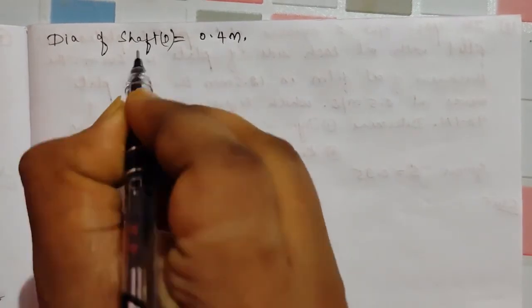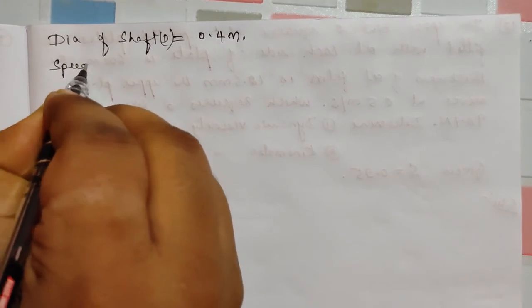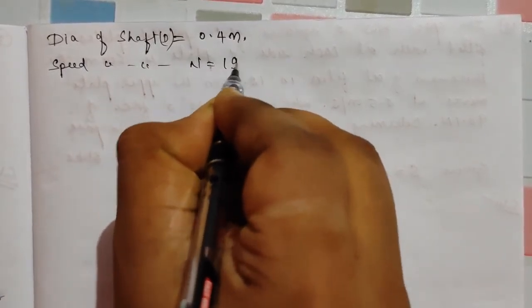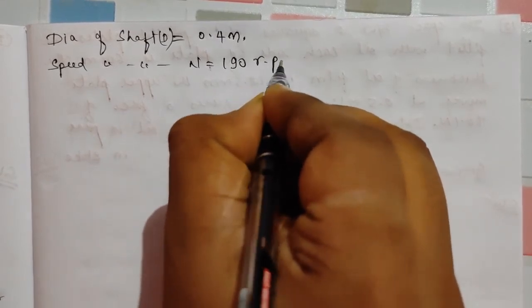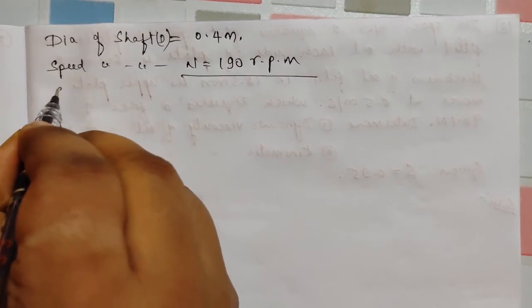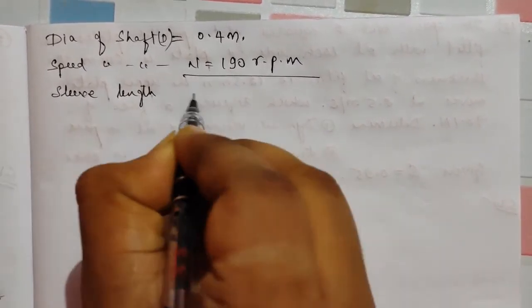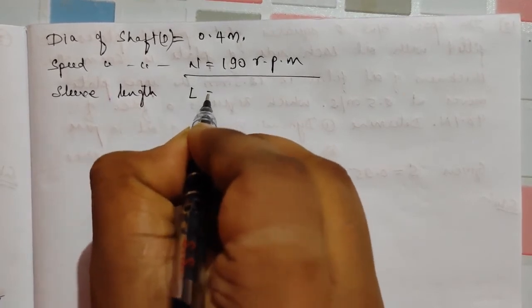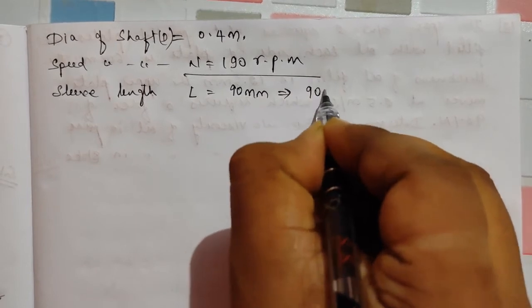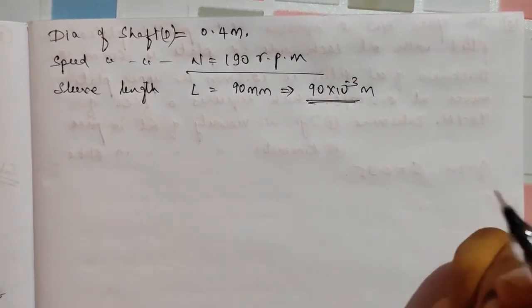Speed of the shaft N is equal to 190 rpm. Sleeve length L is 90 mm, for SI unit 10 power minus 3 meter.